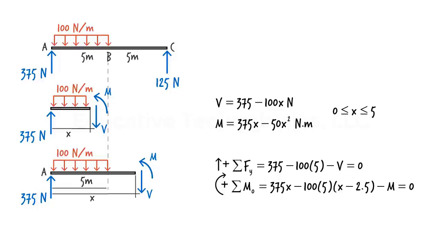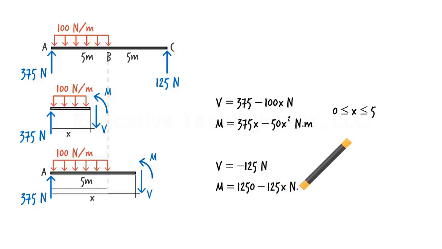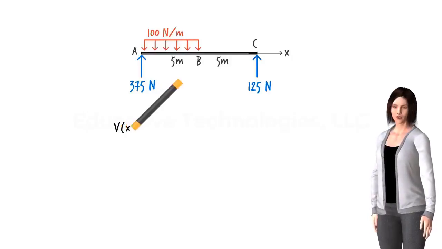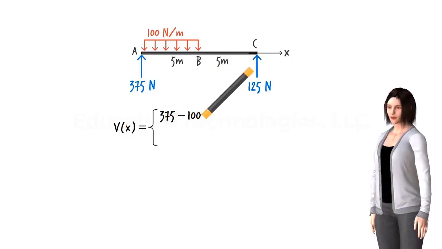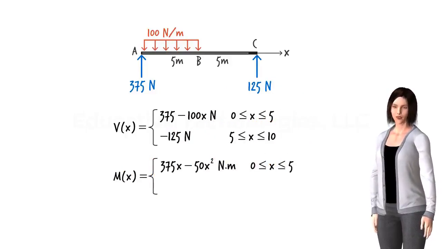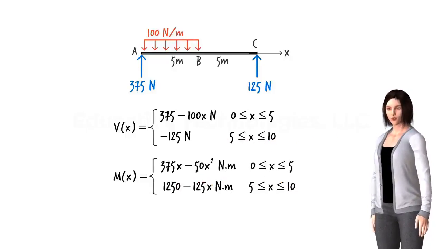Solving the equations for V and M, we get V equals negative 125, M equals 1250 minus 125x. In summary, shear in the beam is represented using these equations, and moment in the beam is represented using these equations. We will continue our discussion on shear and moment in beams in the next lecture.